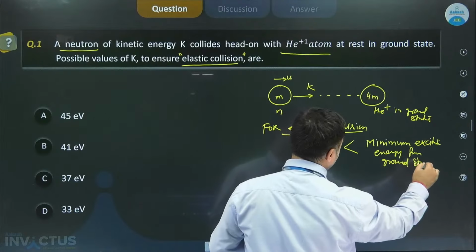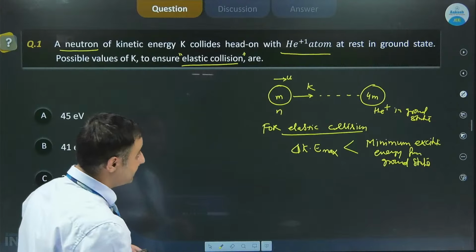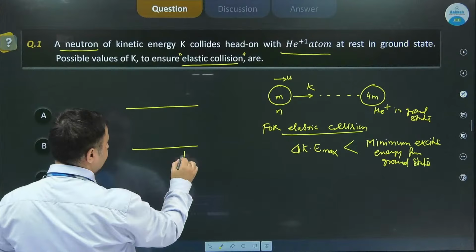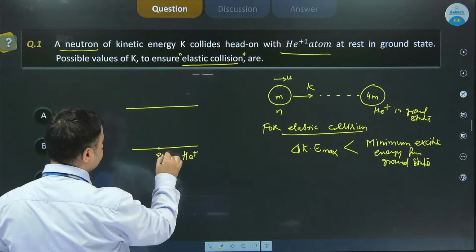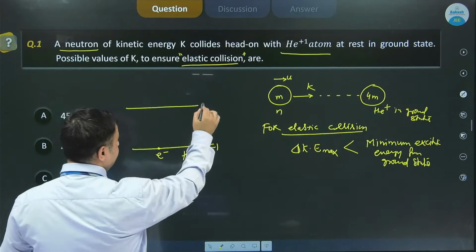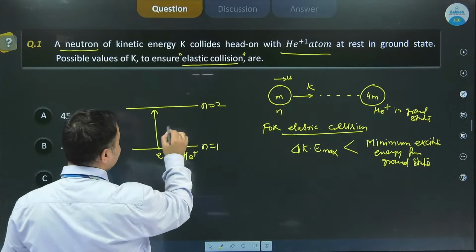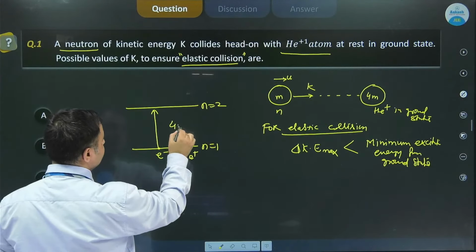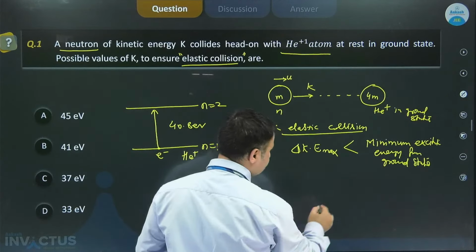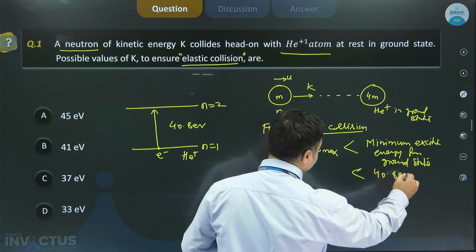For the helium plus atom in ground state, its electron is in n equal to 1. So the minimum excitation energy is from n equal to 1 to n equal to 2. So the minimum excitation energy for He plus is 40.8 eV. So the maximum loss in kinetic energy should be less than 40.8 eV.